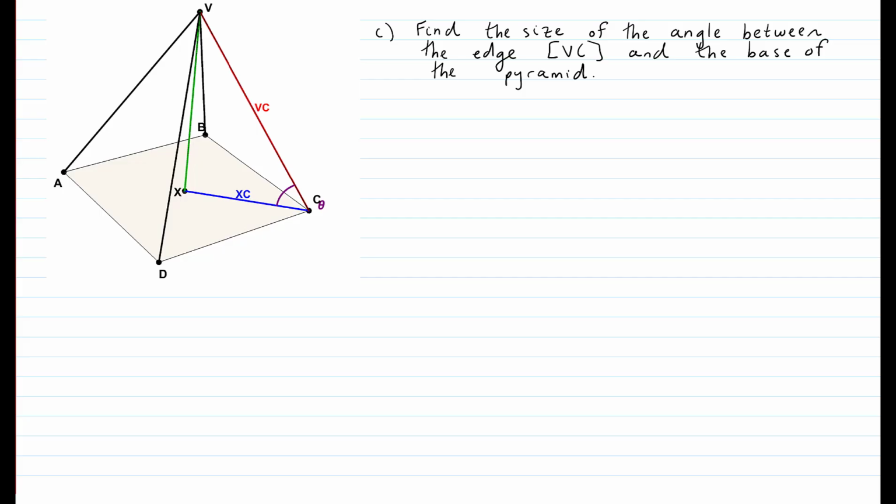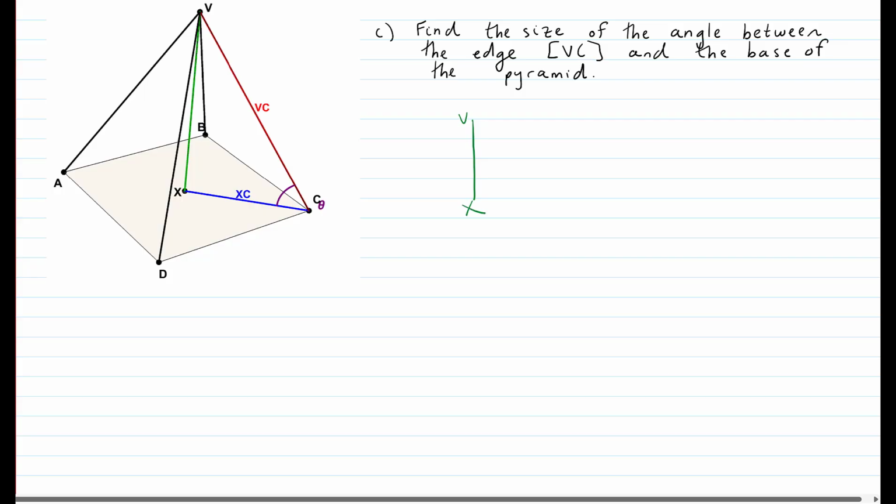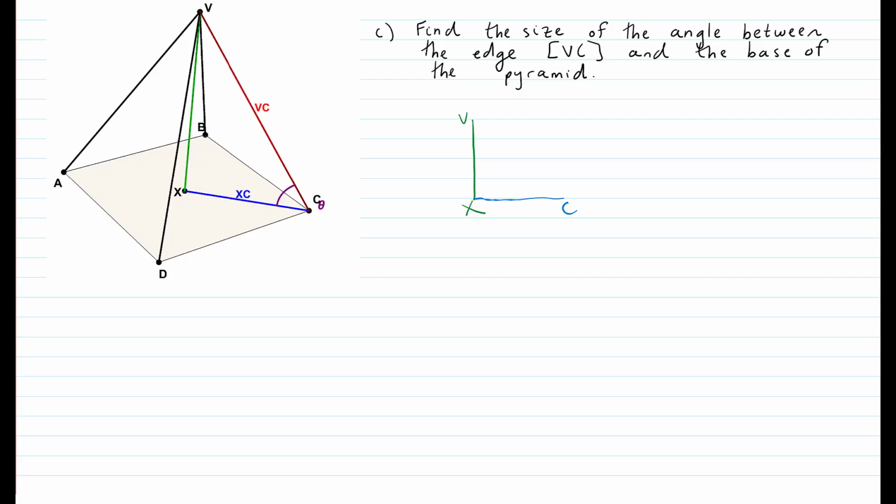So we'll start by making a quick sketch of the triangle. So that would be V to X, and then if we had something along here, X to C, and then V to C in red, and we want that angle in there. We'd already worked out in an earlier part that V to X was square root of 29.